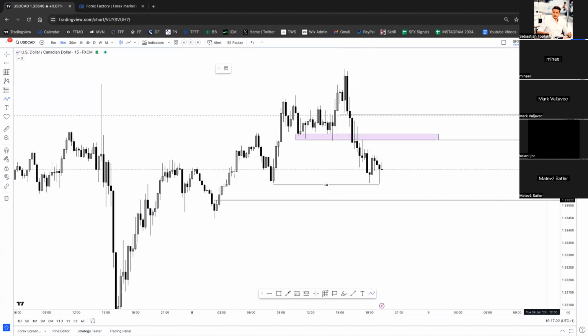But this H1 order block must not be touched before that, right? So only this scenario will be useful for us to go into the bullish scenario. Otherwise, we have to see price creating structure, creating a setup around this region of the H1 level, right?